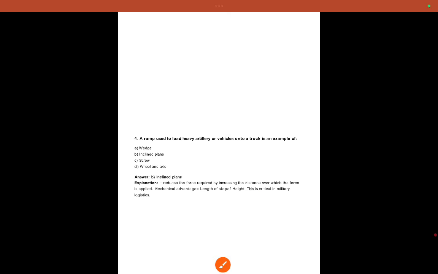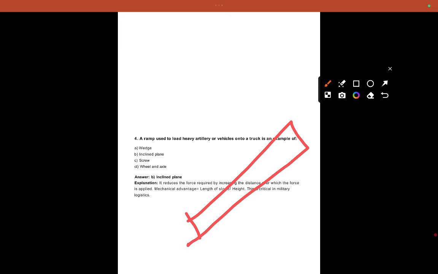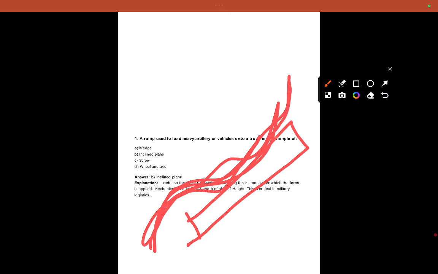Coming to question number 4, the ramp used to load heavy artillery or vehicles into a truck is an example of. So as we know very well, we use this inclined plane in showrooms or big shopping complexes, somewhere we are able to see this type of inclined plane to move goods or transport things without any risk, in a simple way.